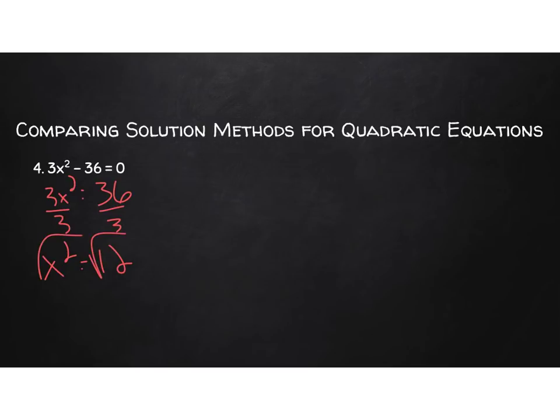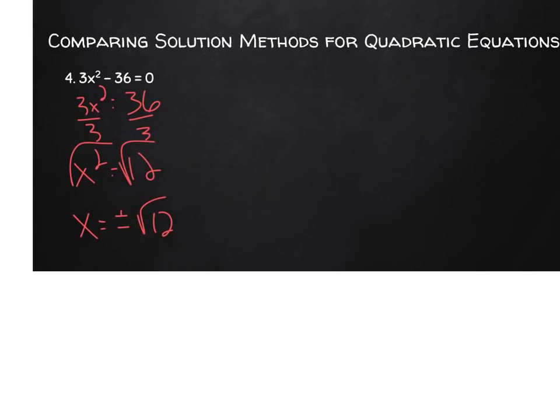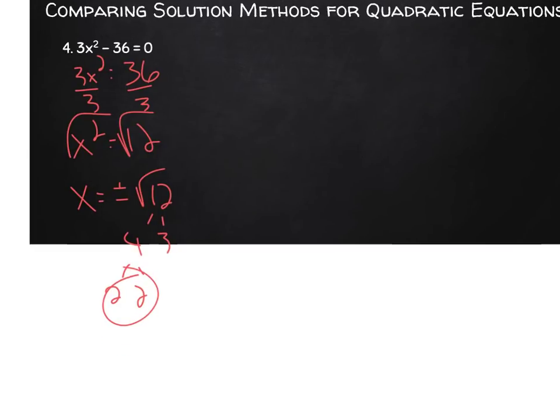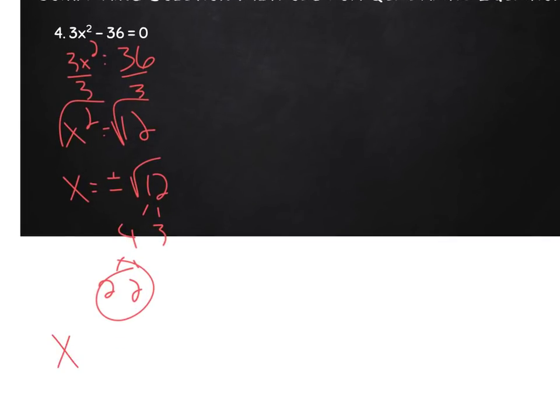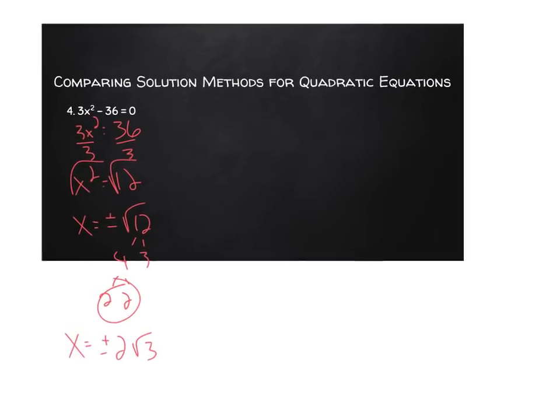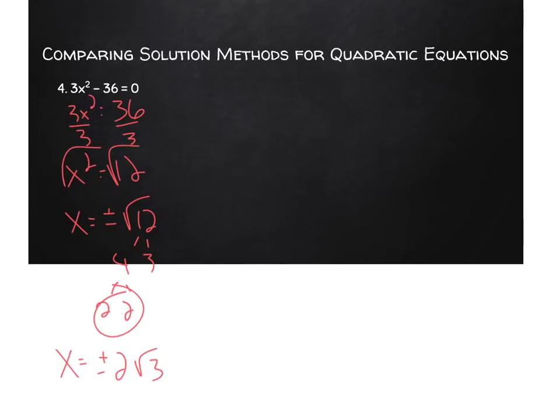Now I can take the square root, and x equals plus or minus the square root of 12, which we can simplify. 12 breaks down to 4 and 3, and that becomes 2 and 2. There's my pair. So then x equals plus or minus 2 root 3. Now let's see with quadratic formula.